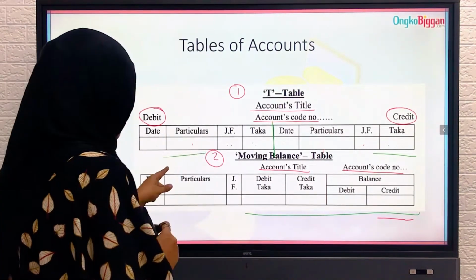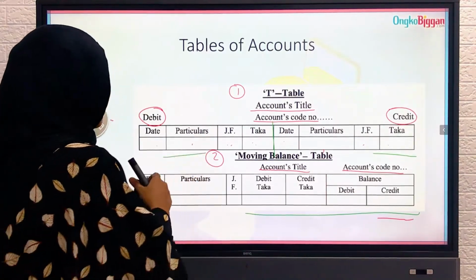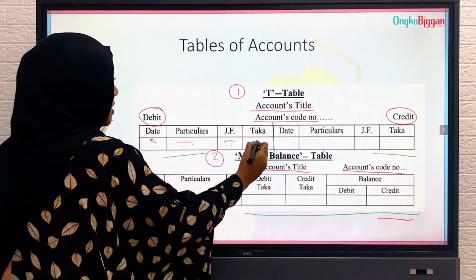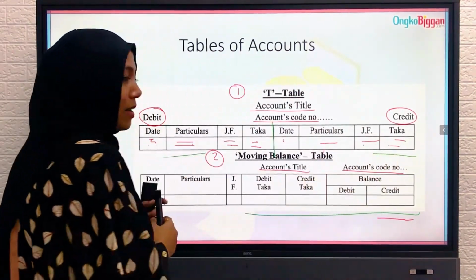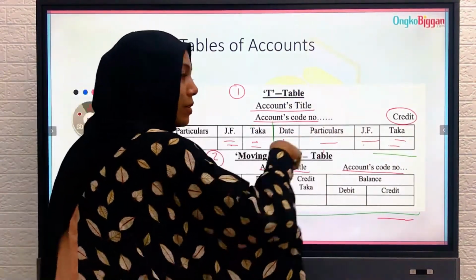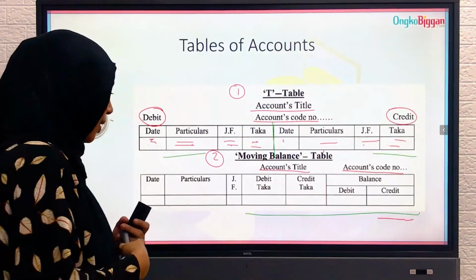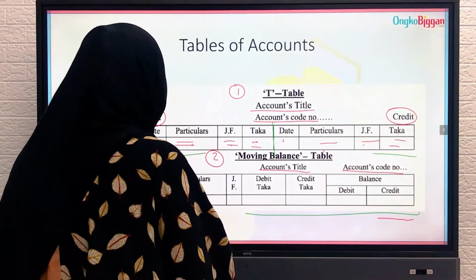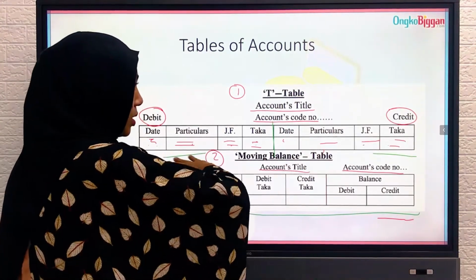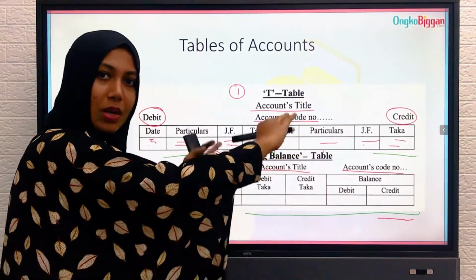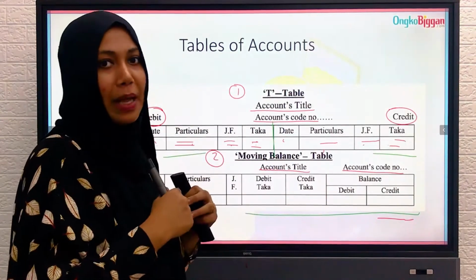At the end we write the balance. So the balance will be the difference between the debit column and the credit column, right? It should be calculated after a specific time period, when all the account transactions have been recorded, and after that we find out the balance.